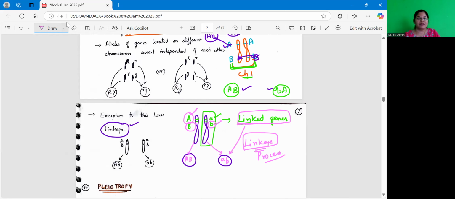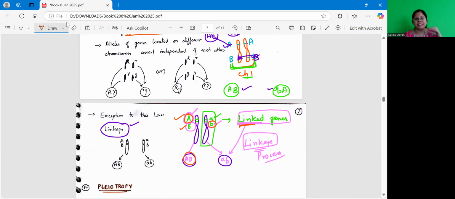During linkage, when the genes are linked with each other, can this capital A go with small b? No, we cannot see that because there is no exchange of genetic material. So capital A will always go with capital B only towards one gamete.